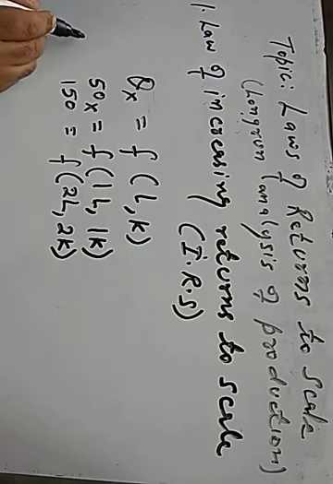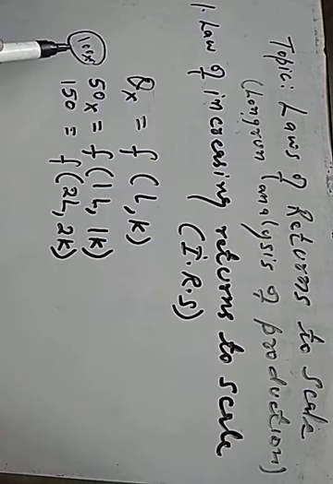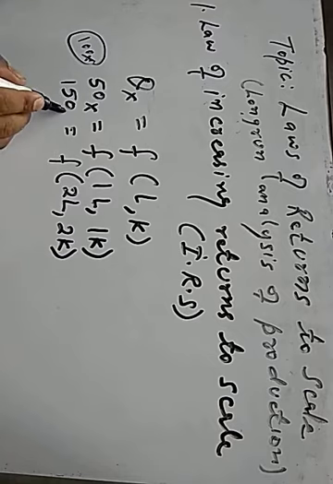The output should have been 100 units of X, but it is more than that. It has increased from 50 units of X to 150 units of X. This is known as the law of increasing returns to scale, when the level of output increases more than the increase in inputs.